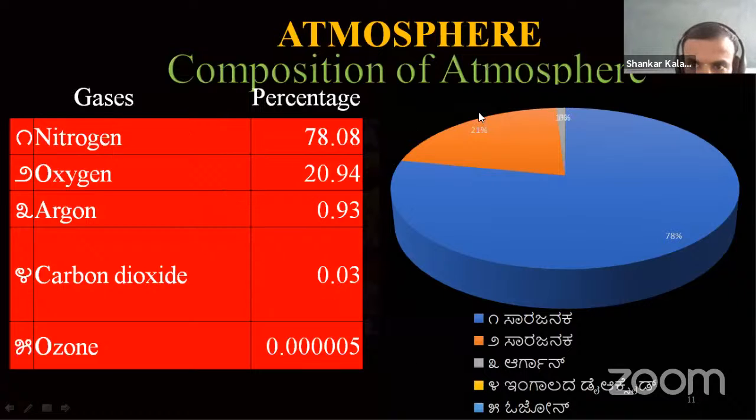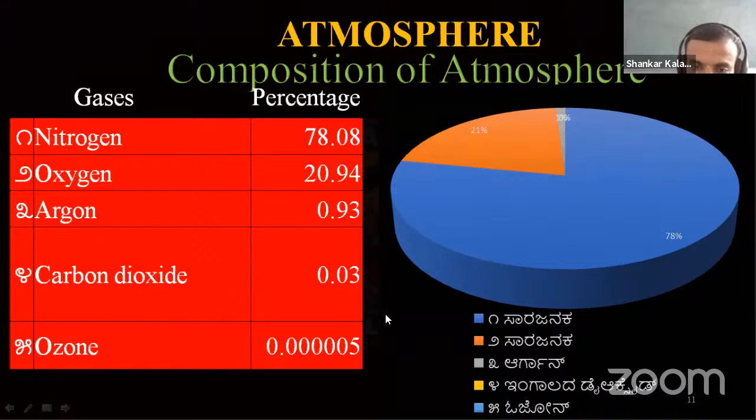This is the composition of the atmosphere. Remember, these are five important gases present in the atmosphere. Nitrogen is exactly 78.08, around 78%. And oxygen is 20.94, around 21%. Argon is 0.93.